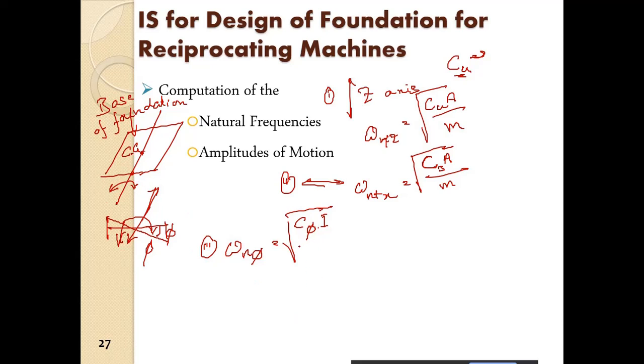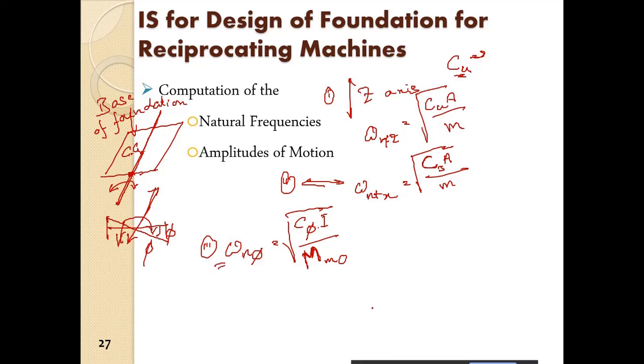For that we have the angular acceleration, and this is C_φ I divided by the mass moment of inertia about the axis of rotation. So this is the angular frequency for this motion.